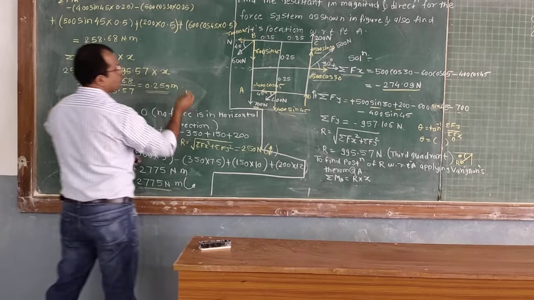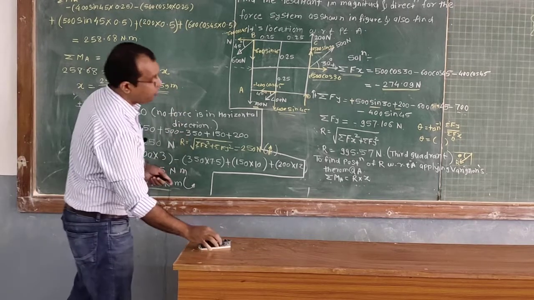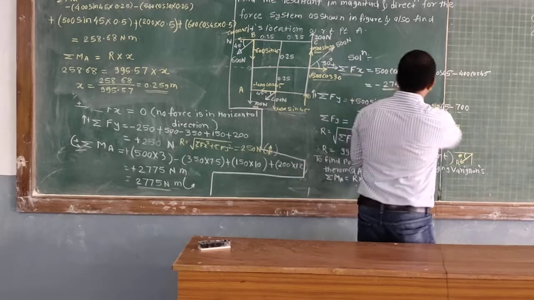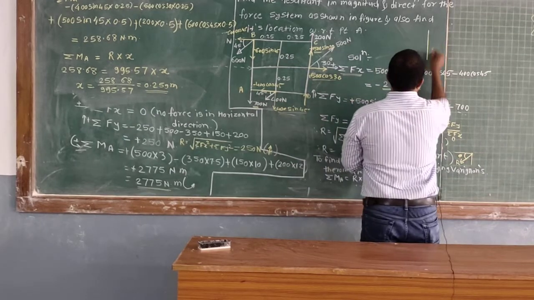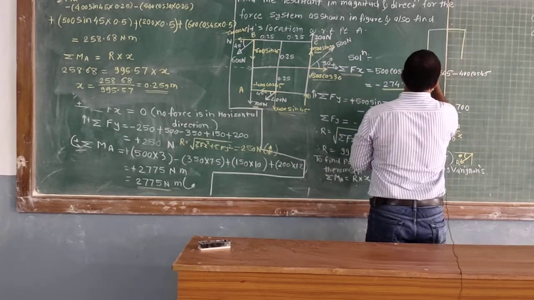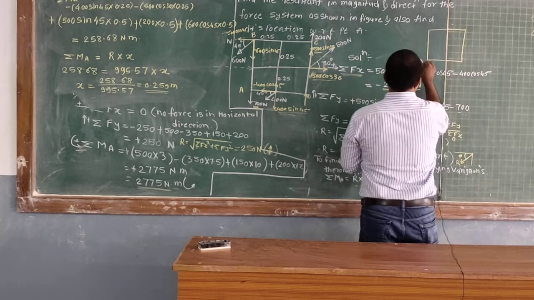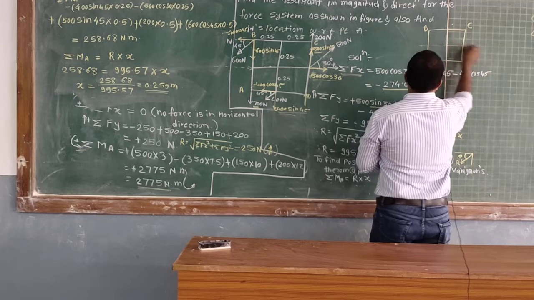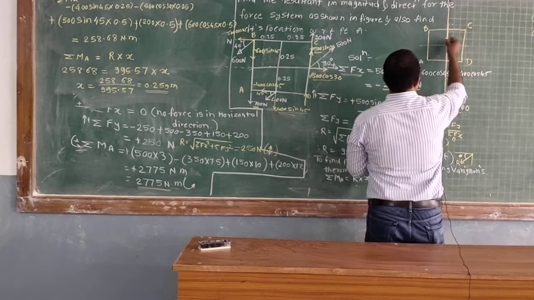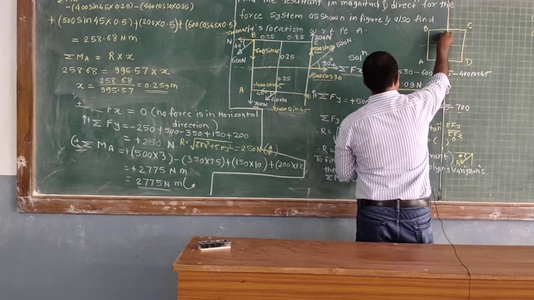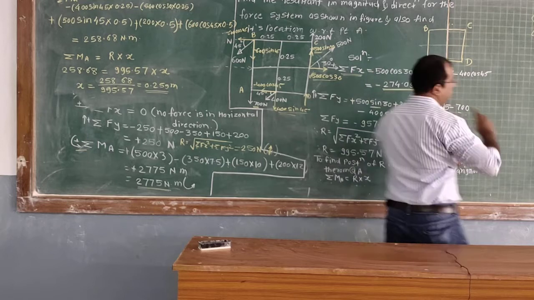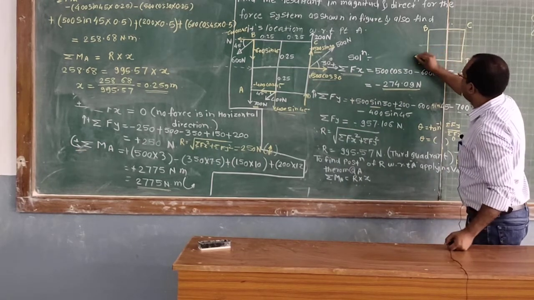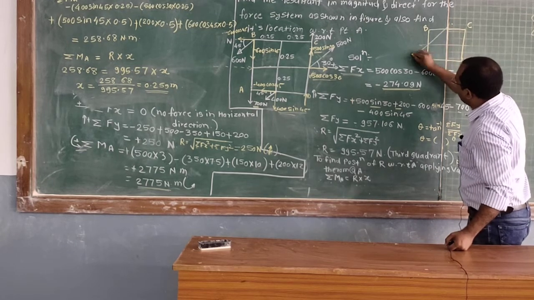So how to show this force? For you, I will draw the diagram. In this figure, I will show the resultant. Let's say this is your rectangle ABCD, and you can show the resultant anywhere in the third quadrant because X and Y are both negative.